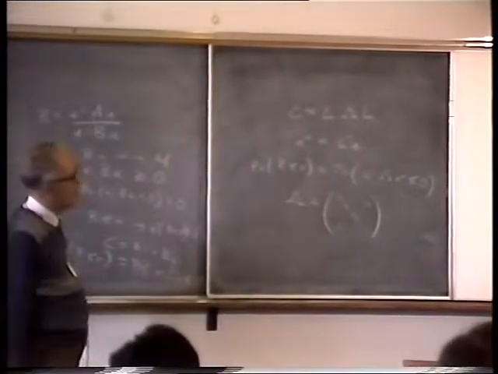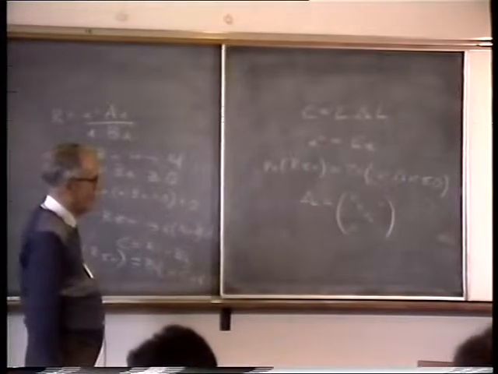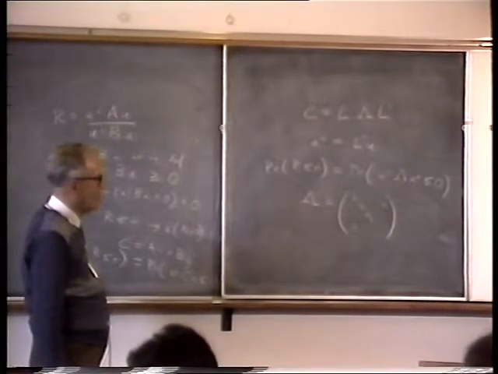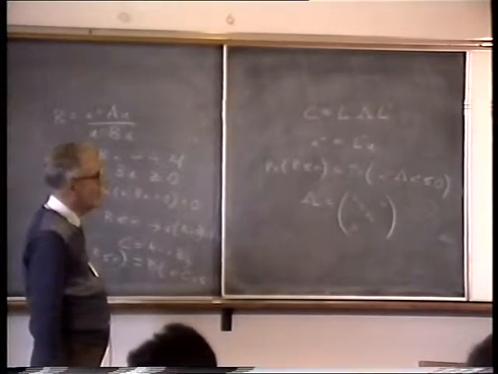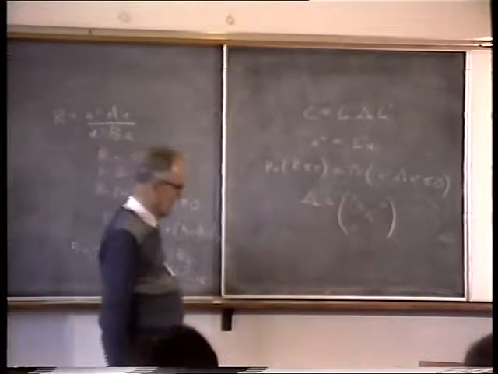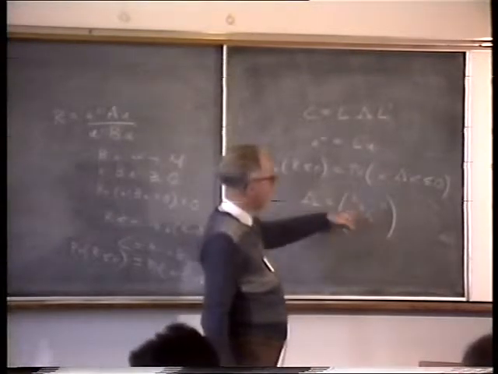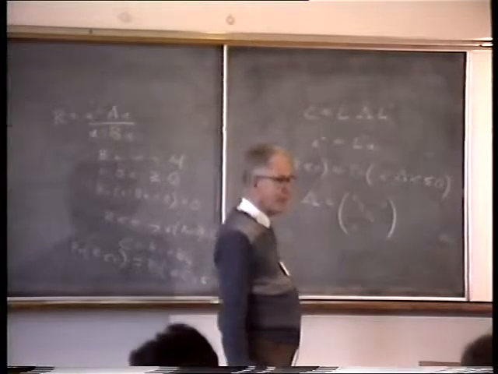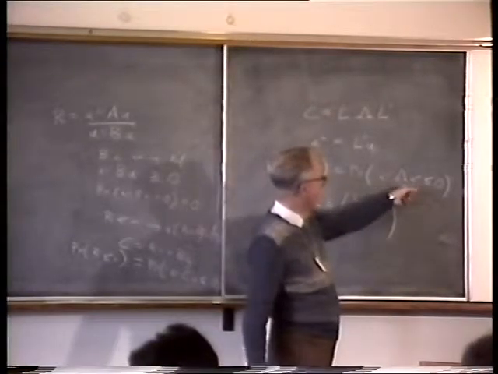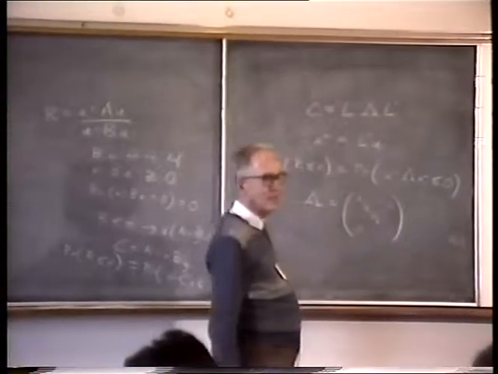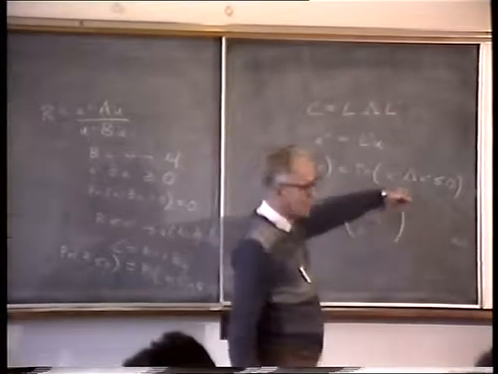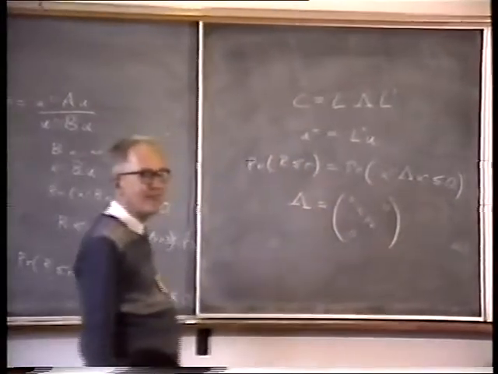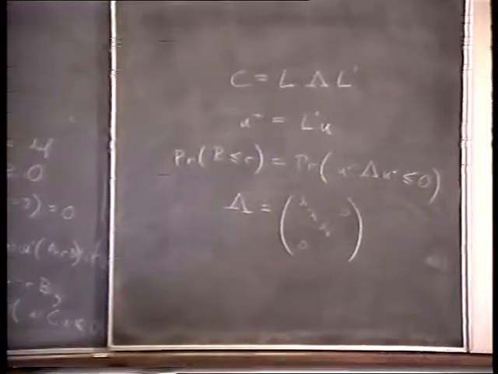Now, there is an obvious result which we don't need to spend any time on, and that is that if all the latent roots lambda are positive, then this lambda is a positive definite matrix, and therefore this is always positive, and so the probability of r being less than R is 0.